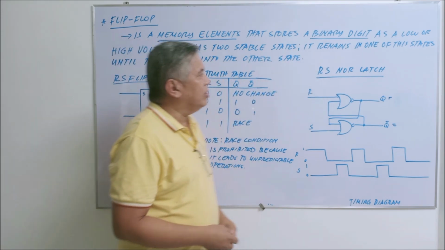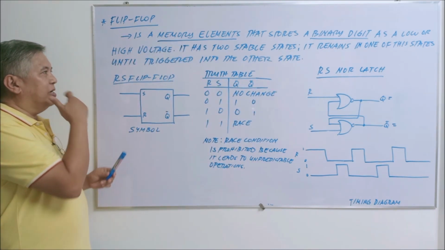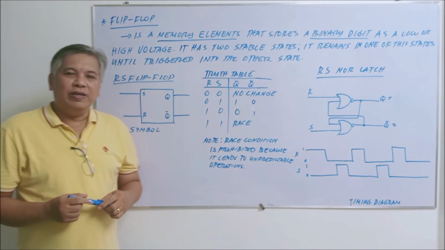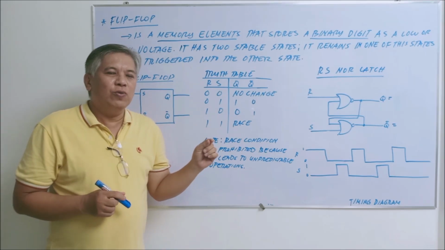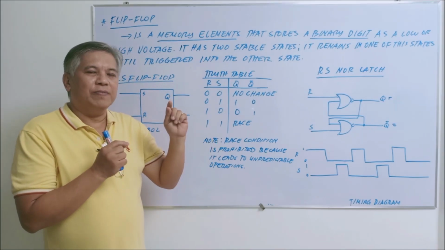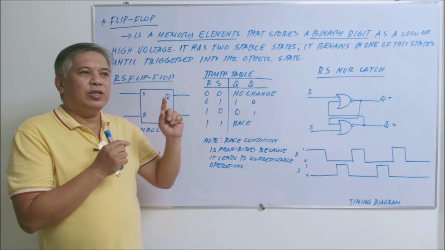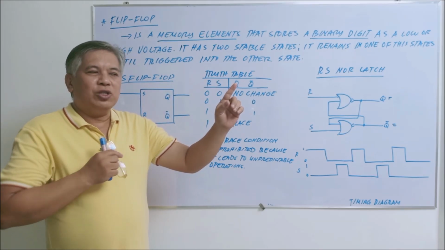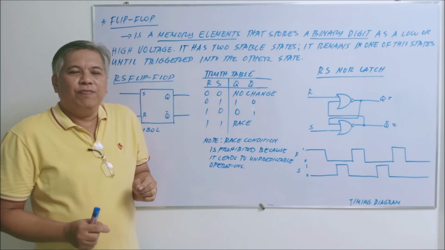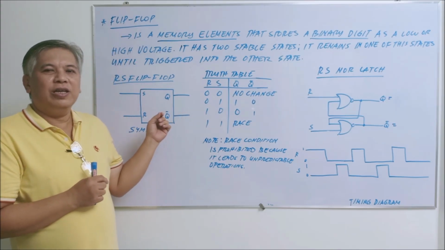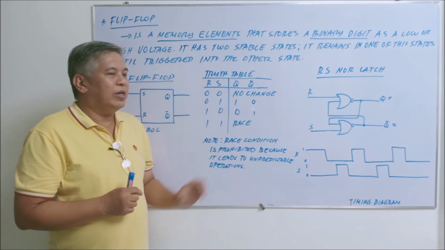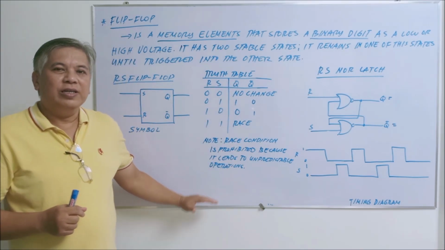It remains in one state until triggered into the other state. Meaning to say, if you store a data in your flip-flop which is equal to 1, it can be changed to another value which is 0 if triggered using the input condition. And I will explain that in this particular discussion.